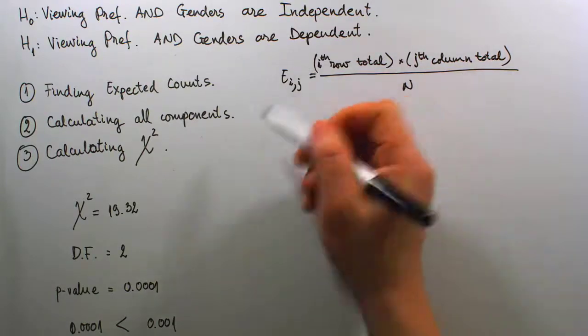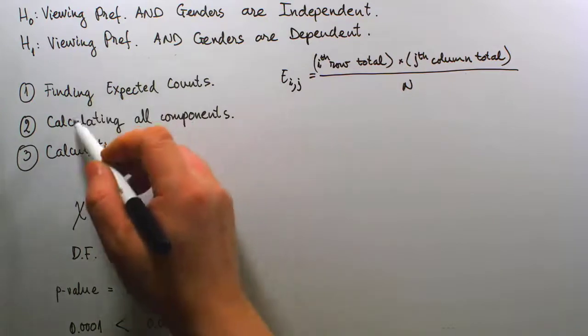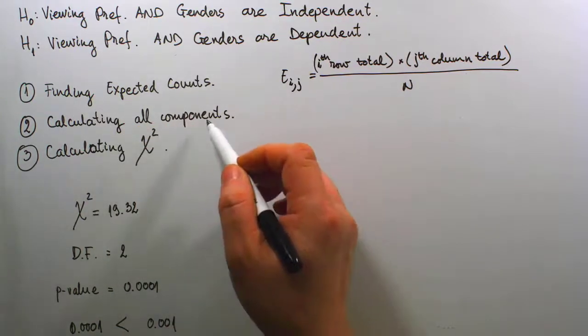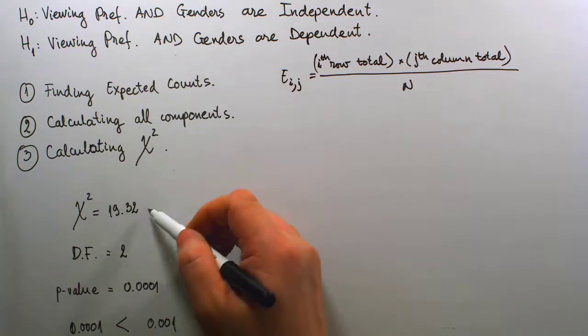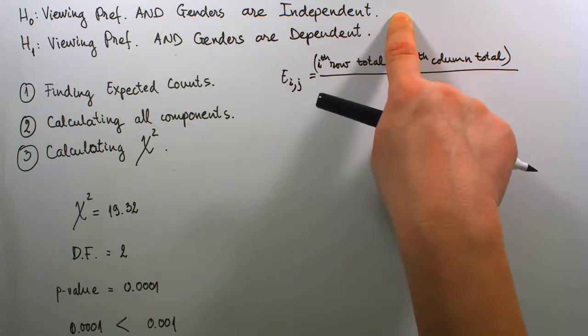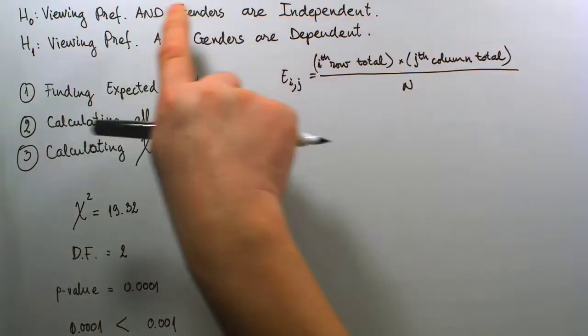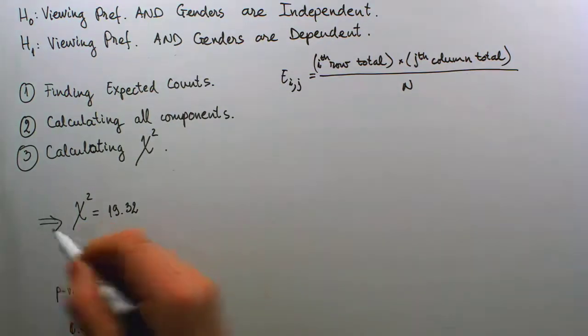Consequently, those expected counts allow us to calculate the component values, and in the next step it produces the chi-square. So ultimately accepting independence between the two categorical variables leads to having this chi-square value.